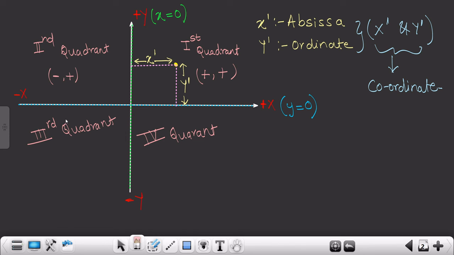In the third quadrant, both values are negative, because the value of x is negative and the value of y is also negative. In the fourth quadrant, the value of x is positive but the value of y is negative, so we say positive, negative. So these were the basic concepts involved in straight lines.